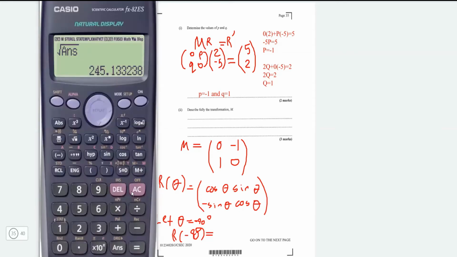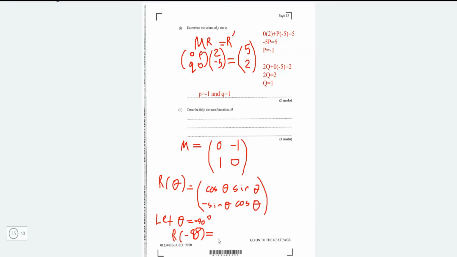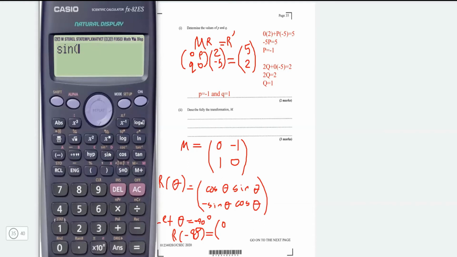The cosine of -90 is 0. We get back 0, so good so far. The first one we get is 0, right? Put in right here, so now the sine of -90. The sine of -90, you're going to get -1. See it there? You get -1 right here.